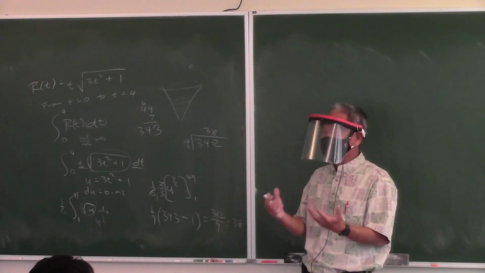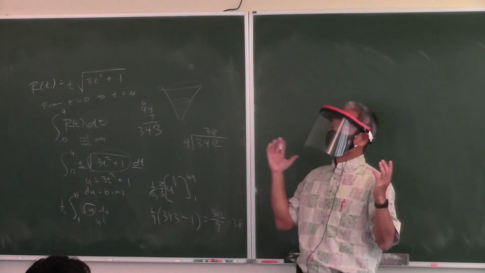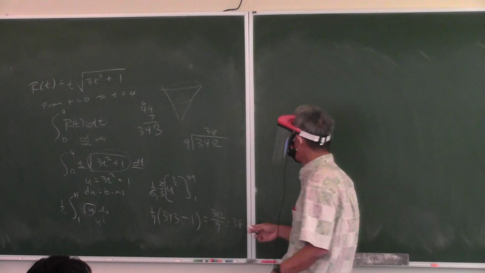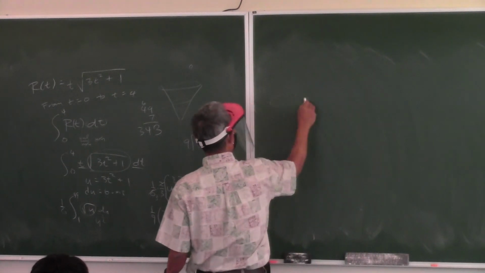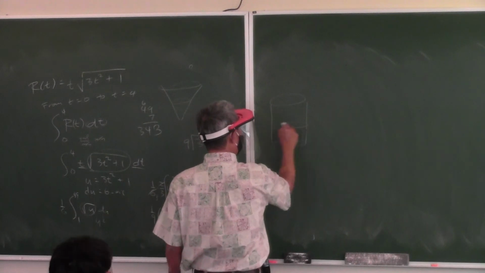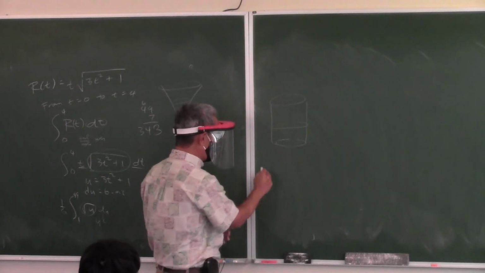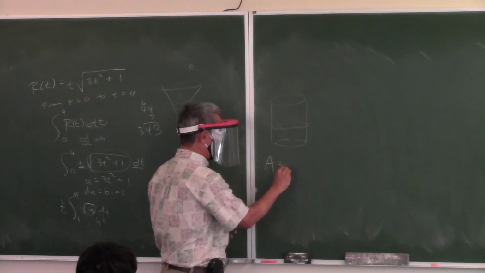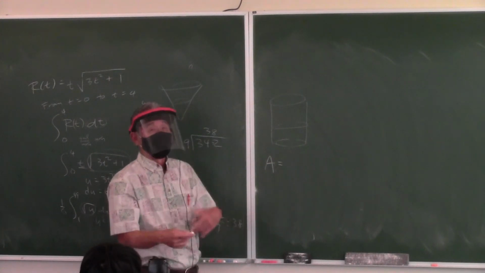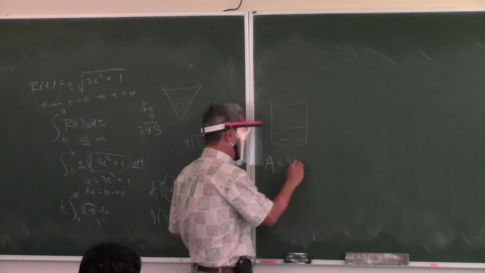Let's just do water. So water is in a tank like this. The tank starts with a certain amount, so this is the amount of water in the tank. Let's say there's 40 gallons in the tank.